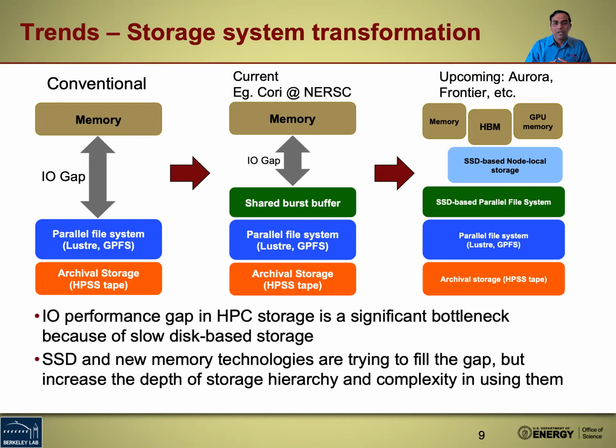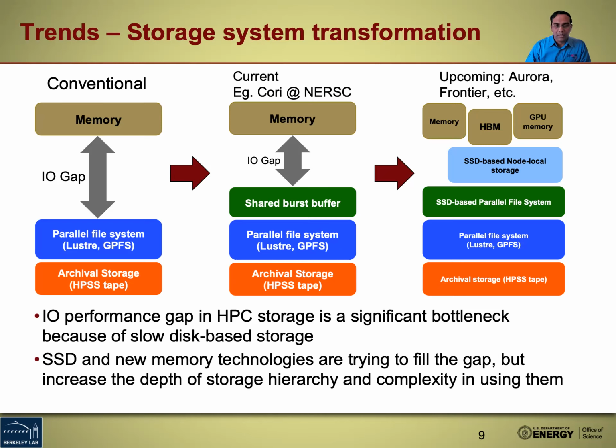In addition to the CPU memory, the locations where the data has to be read, written, or moved from and to are also increasing, like GPU memory or FPGAs. Not all the systems may have all the layers, but some of the systems have all the layers, and some have only a few. But most of the systems have this SSD-based node-local storage.